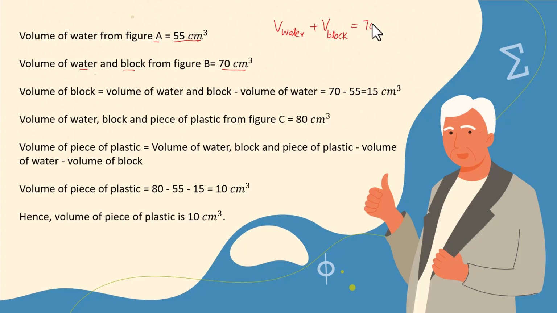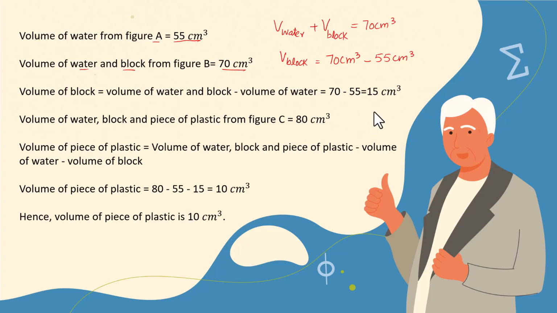It's given as 70 cubic centimeters. The volume of the water is given, which is 55 cubic centimeters. So you can easily find out the volume of the block. It would be 70 cubic centimeters minus the volume of the water, which is 55.